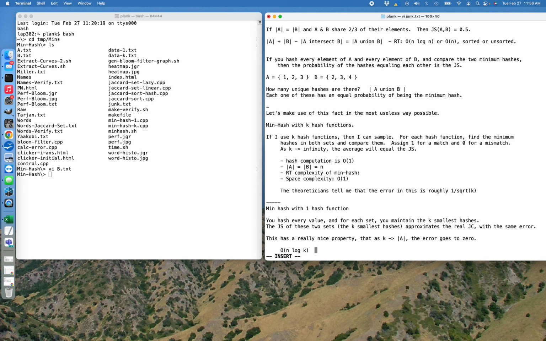And why is it n log k? Because how am I going to implement this? I'll use a set now. I can't use an unordered set because I really care about them being sorted. So I'll keep inserting these hashes into a set, and when my set size gets bigger than k, I delete the maximum one, so that I'm always maintaining a set size of k.